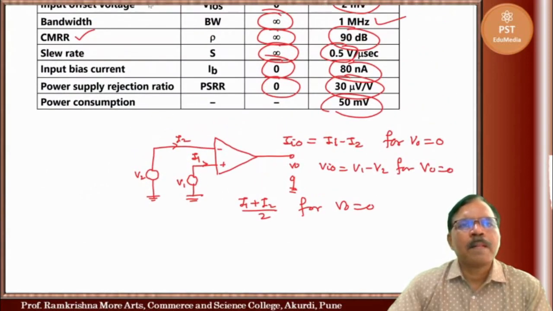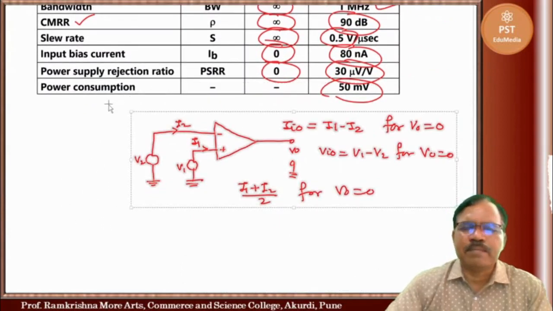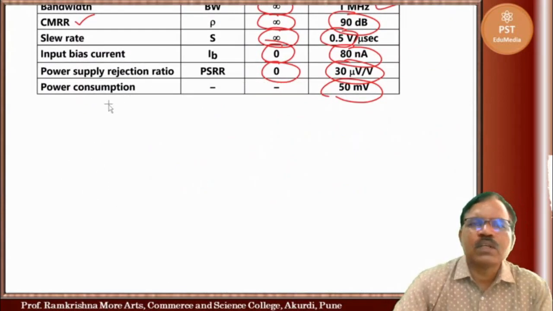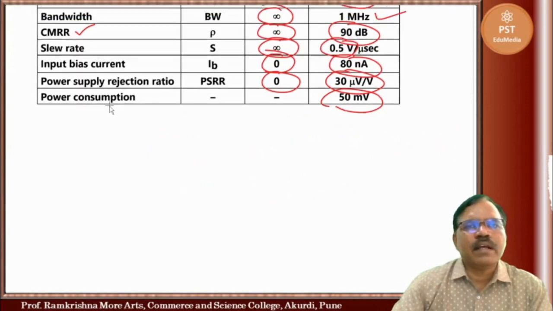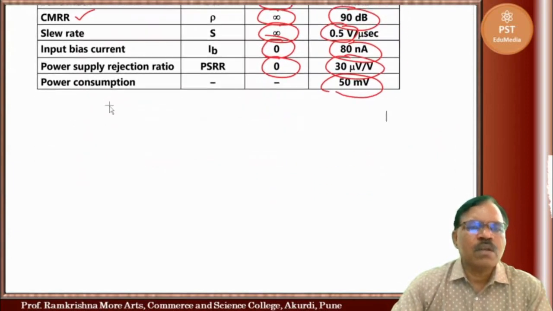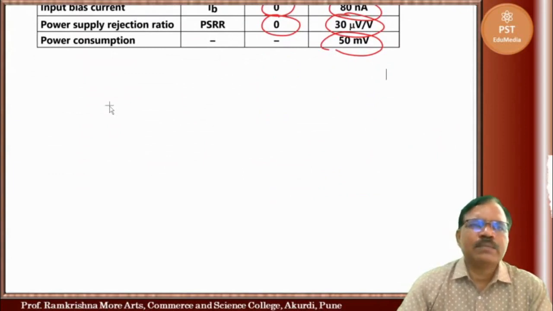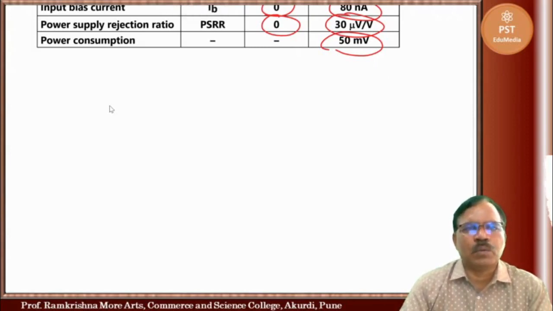Now, generally the open loop gain of an operational amplifier is infinite. We require finite gain. For that purpose we apply feedback. What is feedback? Feedback means part of the output is fed back to the input.